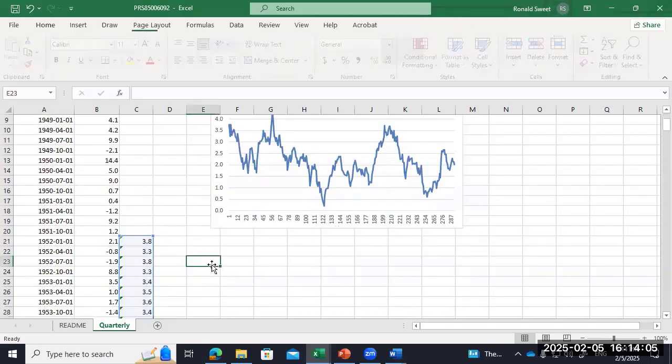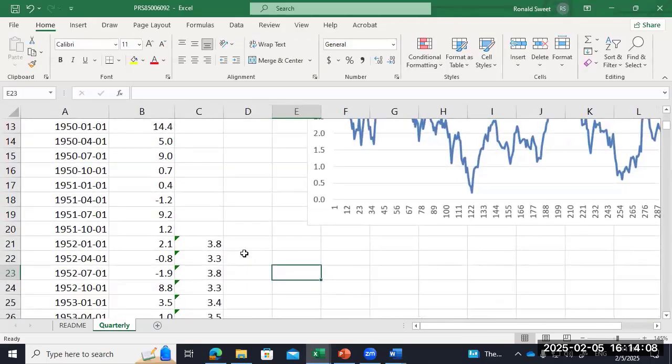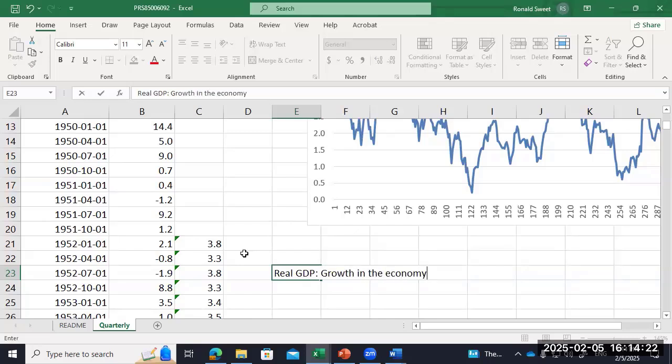But productivity is a really important number, because your future wealth is entirely dependent on productivity. The wealth of every nation is productivity. So you have real GDP, which is the growth in the economy, less inflation.